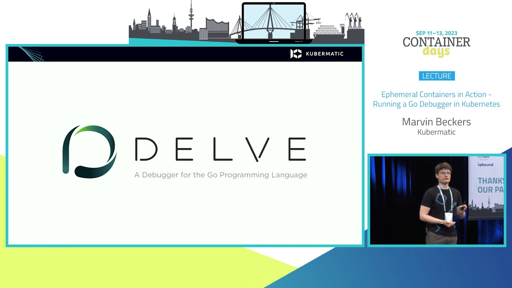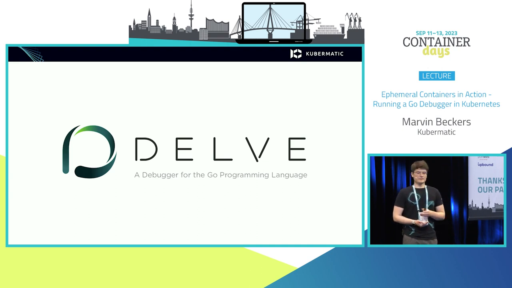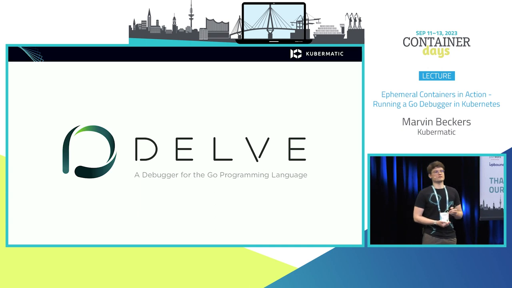So you can read local variables, you can sometimes, and with Delve, you can maybe even manipulate variables, their content, to try out what would happen if. But in general, you want to observe an application state in a specific situation. And that is what you can use Delve for. You can use it locally, and we're going to talk about how you can also use it remotely, but more in a bit.